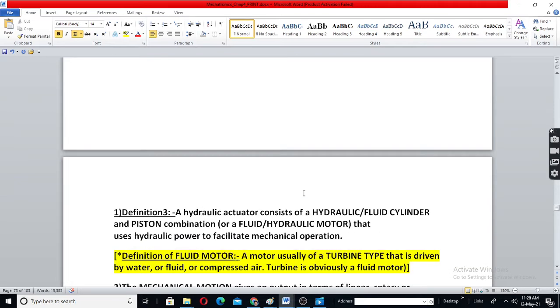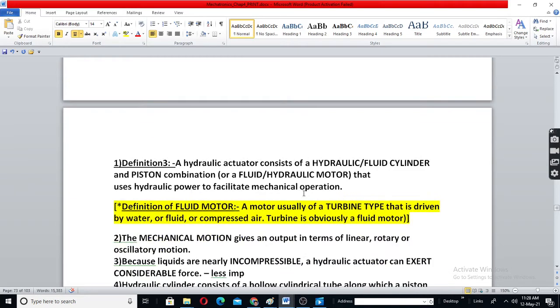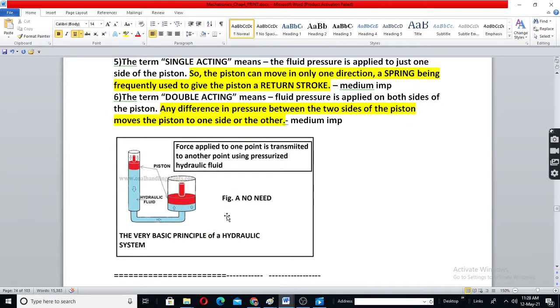So it can be a cylinder and piston movement, or it can be a hydraulic motor. For linear operation, we have this one. See, this is a piston, red color, and this is the cylinder.